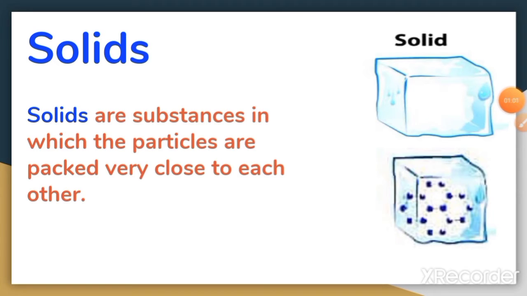The first state of matter is solid. Solids are substances in which the particles are packed very close to each other, and solids are usually hard and have a fixed shape. Pencil, book, chair and marble are examples of solids. If we apply force, some solids can change their shape.